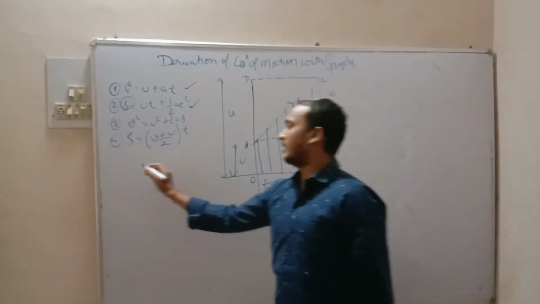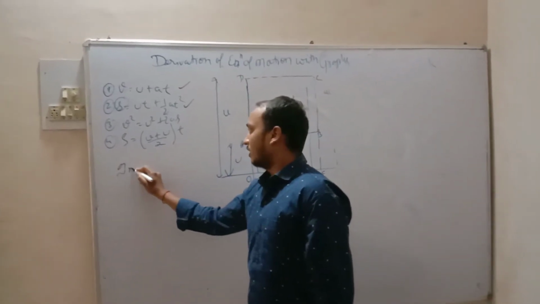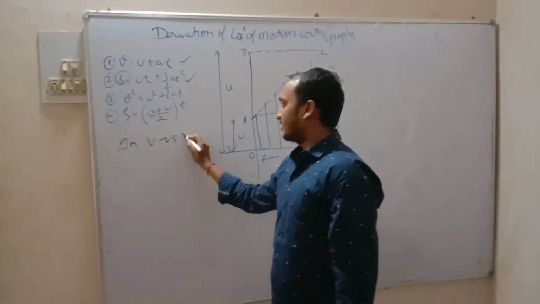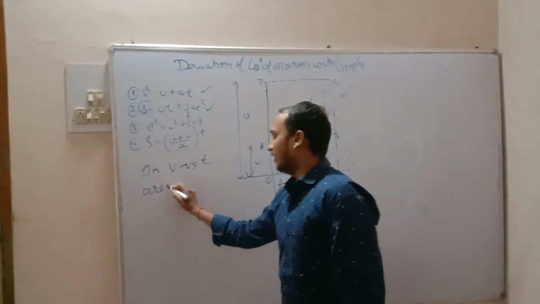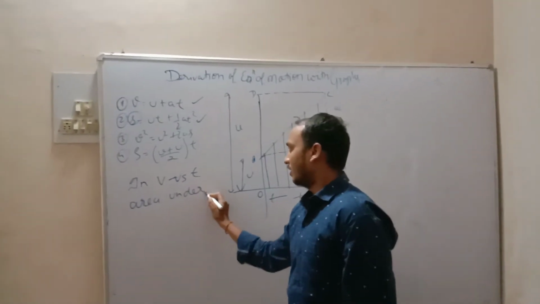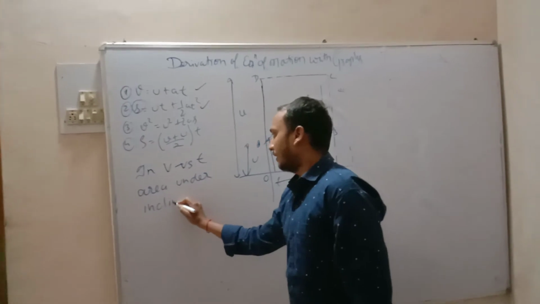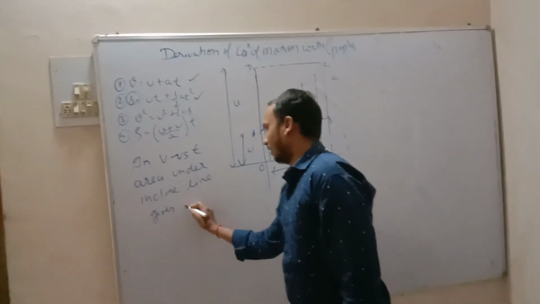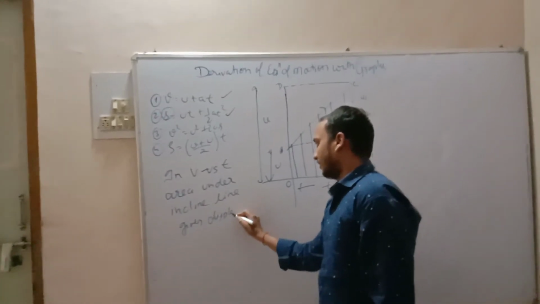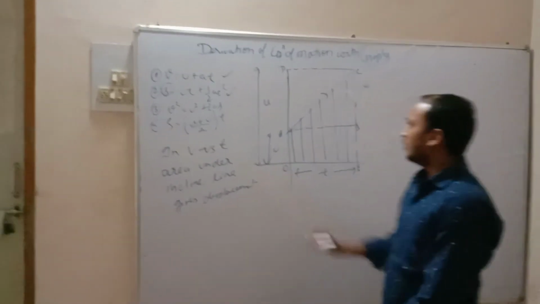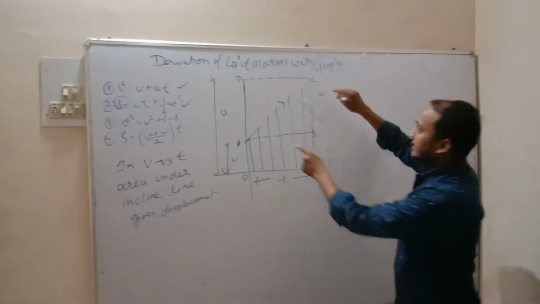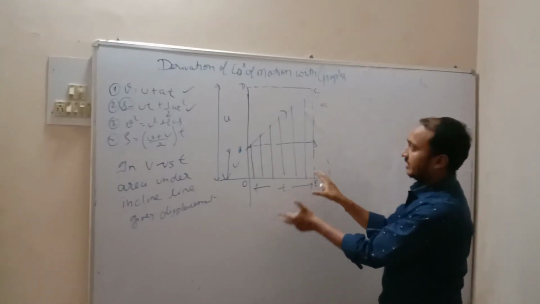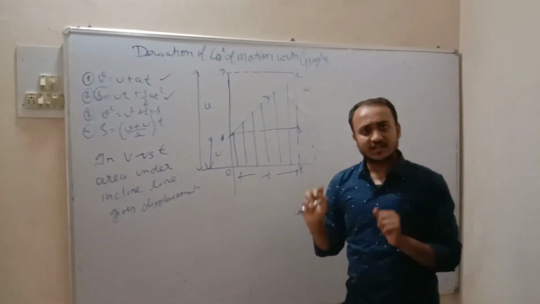Always remember friends, in V versus T graph, the area under an inclined line gives displacement. So the area under this inclined line will give us displacement.